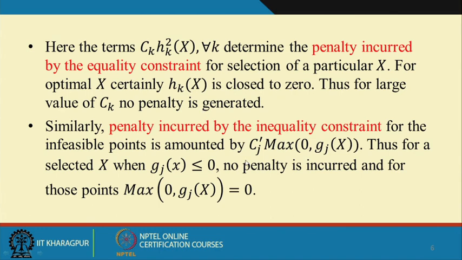That is why we have considered the exterior penalty function method, where we are making cj prime tend to infinity as well. Here also this is the penalty term incurred, and if x is within the feasible space, then no penalty is incurred; otherwise gj(x) is the corresponding penalty.